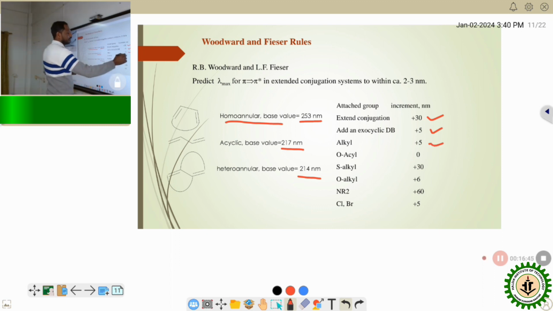For O-acyl, 0. For S-alkyl group, plus 30. For O-alkyl group, plus 6. For NR2, plus 60. For chloro-bromo substitution, plus 5. So you remember these values, and from these values we can easily calculate the lambda max value of an unknown compound.